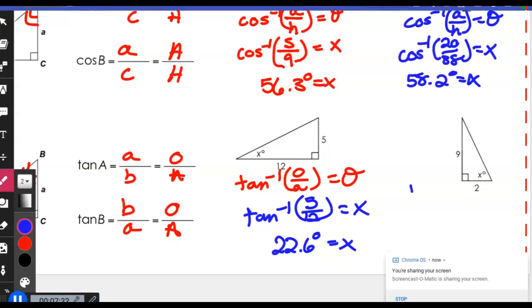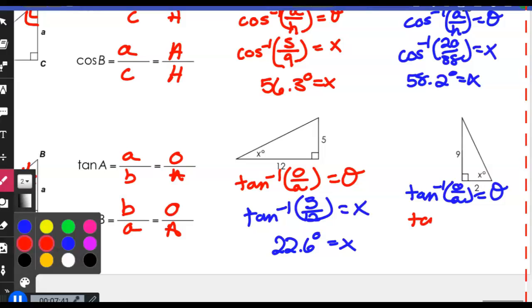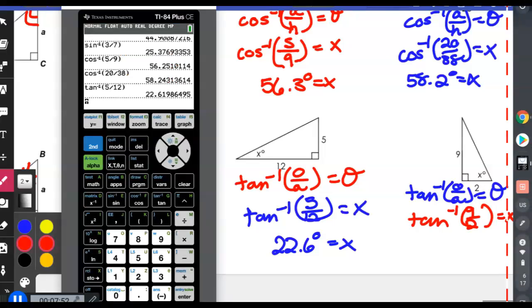So our last one, inverse tangent of opposite over adjacent equals theta. Inverse tangent of 9 over 2 equals the angle. We type that into our calculator, inverse tangent of 9 divided by 2, and get 77.5 degrees.